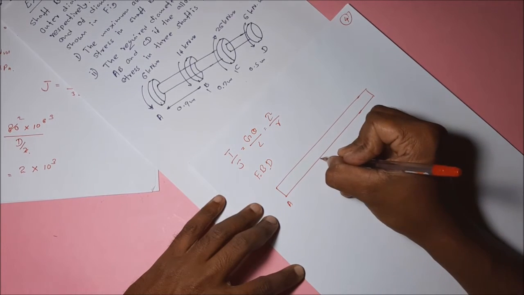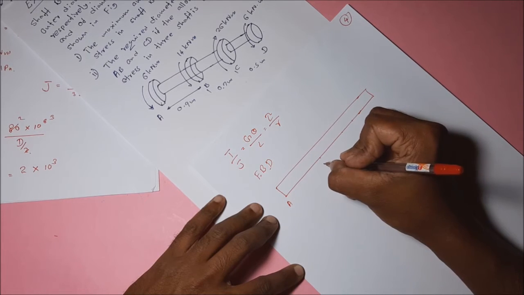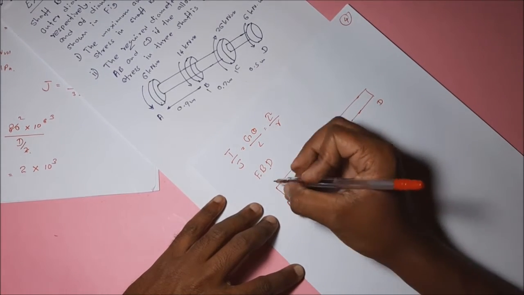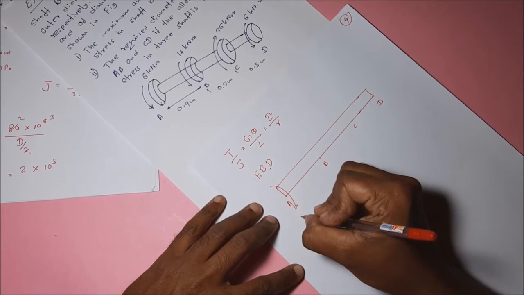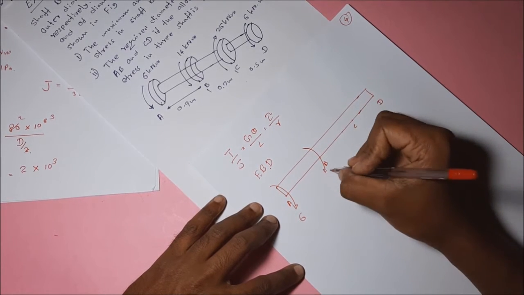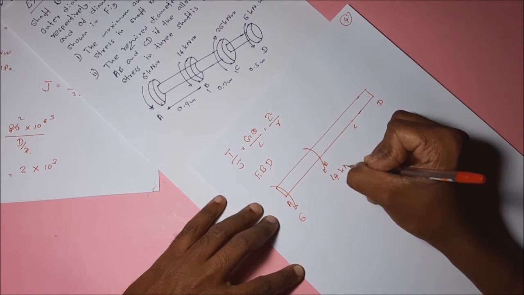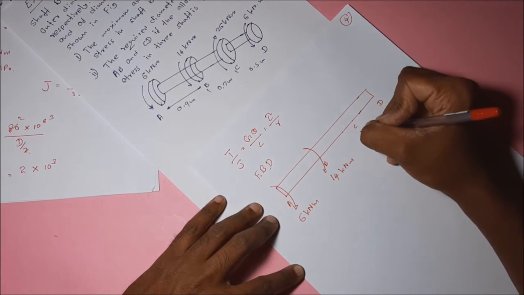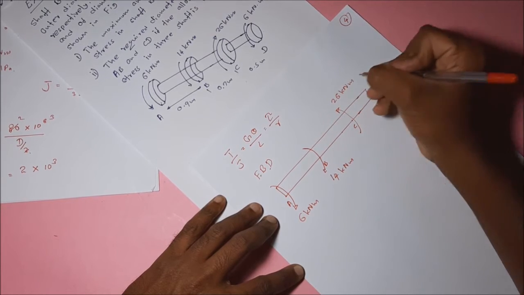The A end, then B, the B end, the C end and D end. At the A end, what is the torque applied? 6 kilonewton meter. This end also 40 kilonewton. At the C end, the torque applied is 26 kilonewton meter.